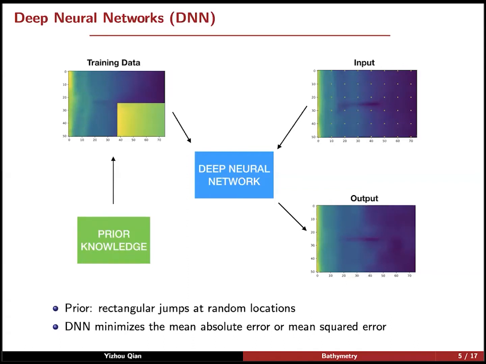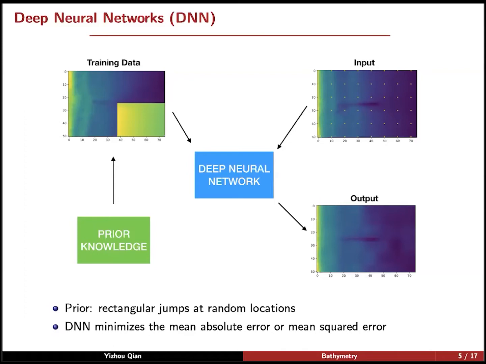So we may, for example, sample from a certain distribution that we assume and essentially use this as training data for our deep neural network. After this is trained, we assume that the deep neural network has learned enough about the prior knowledge, and essentially given the input, our observations, it is going to give us the final estimate.